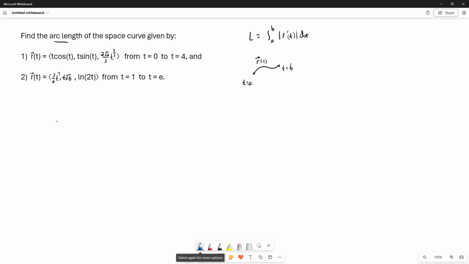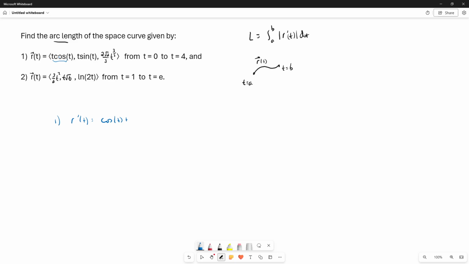So we have to calculate r prime of t, and then we have to take the magnitude of that, and then we need to integrate. So r prime of t in the first case, we need the product rule. So the derivative of the first is 1 times the second plus the first times the derivative of the second.